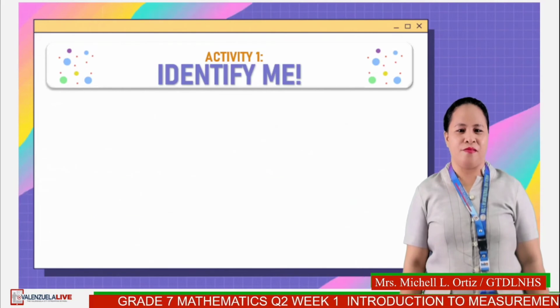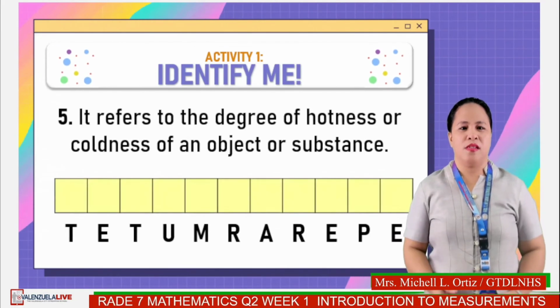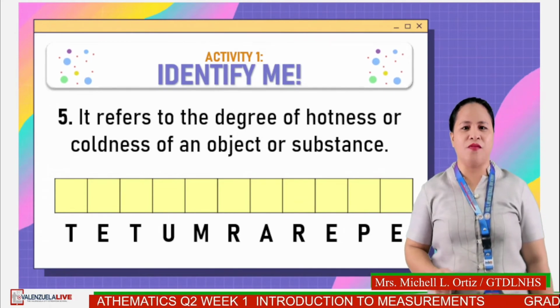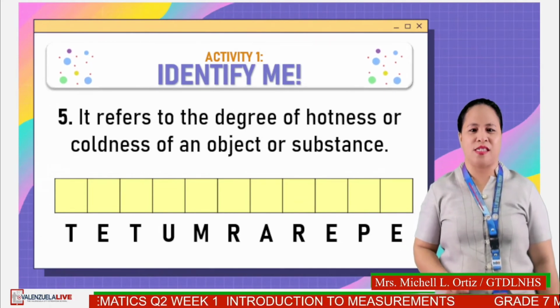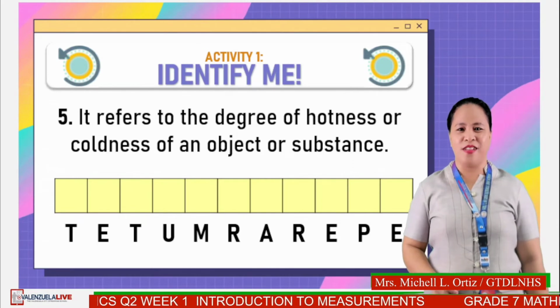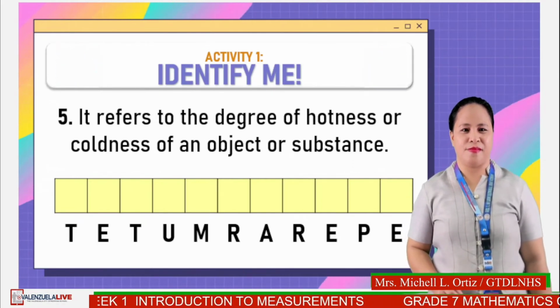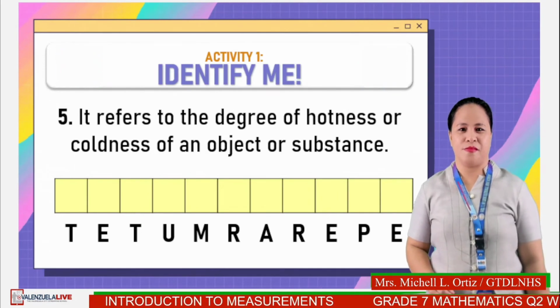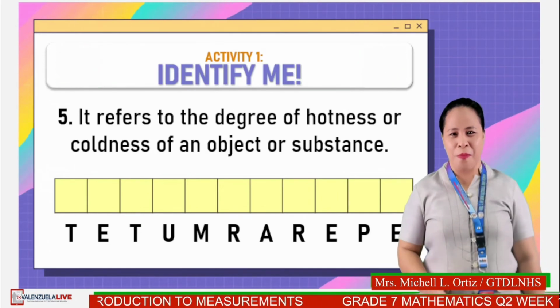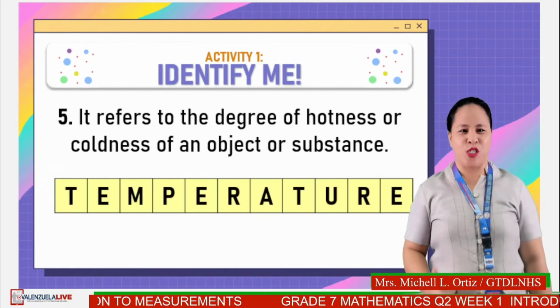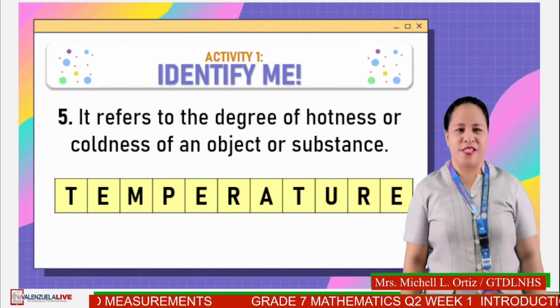Number 5. It refers to the degree of hotness or coldness of an object or substance. 5 seconds, go! Time's up. The correct answer is temperature.